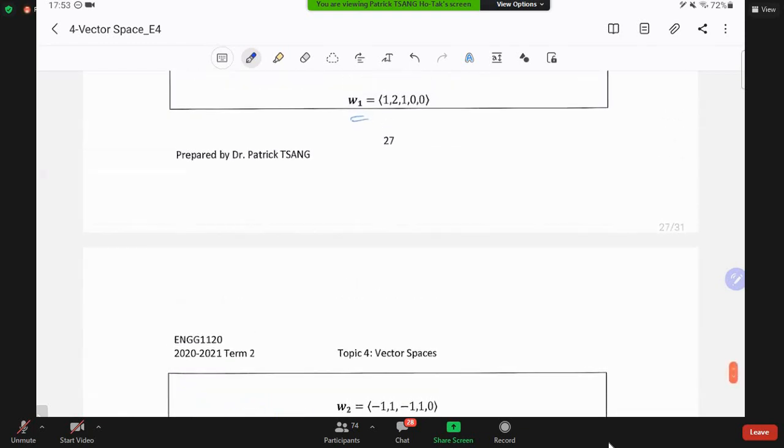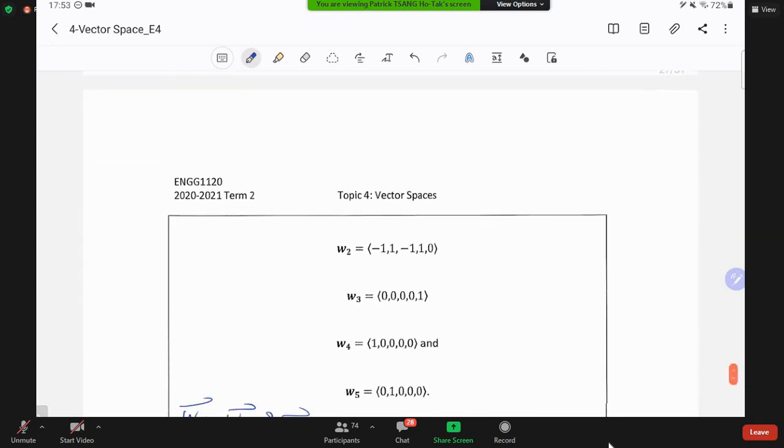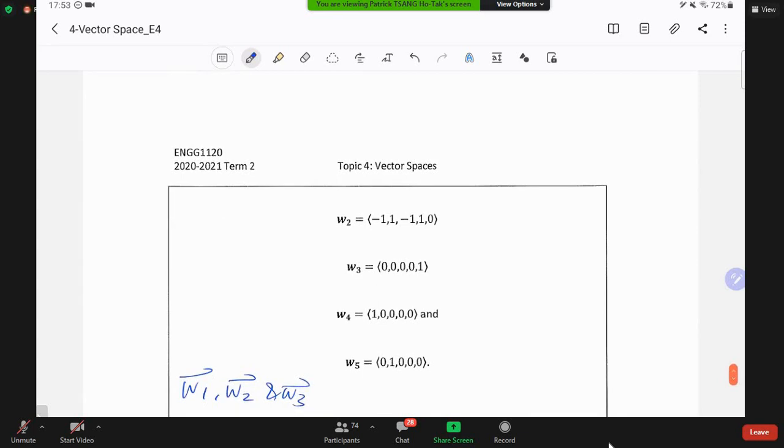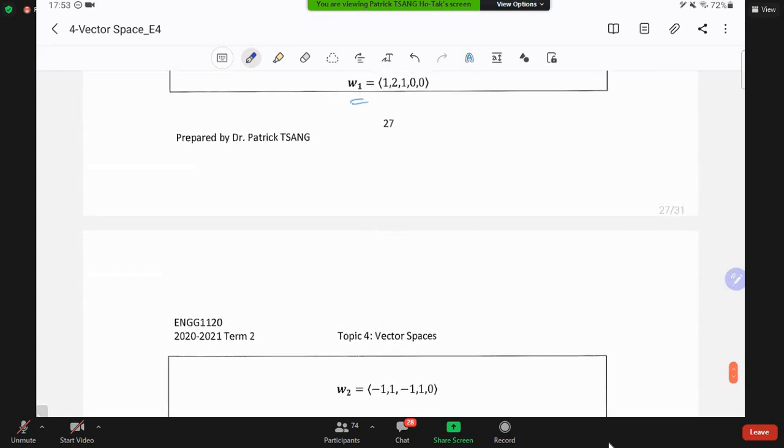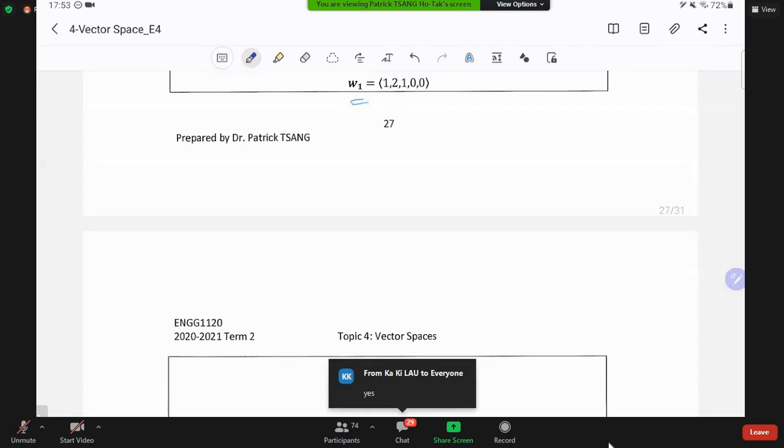If we just consider W1, W2, and W3, can these three vectors already form an orthogonal set? Please help me to verify. Let me repeat my question: can these three vectors already form an orthogonal set?